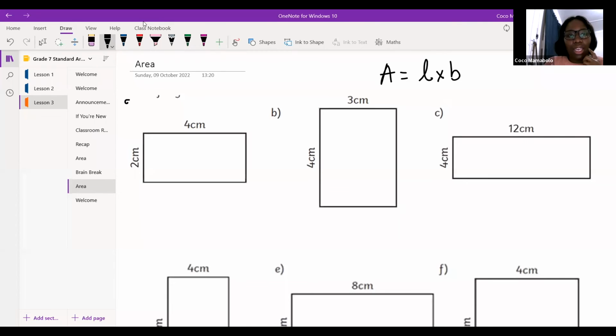We've got A, B, C. So I'm going to ask you guys to answer A, B, C. And then I want you guys to put just one fire emoji in the chat for me, please. And when I've got enough fire emojis in the chat, I'm going to move up so we can do D, E, F. Everybody, you've got 5 minutes. Actually, 5 minutes is a lot. I'm going to give you guys 2 minutes. Go.